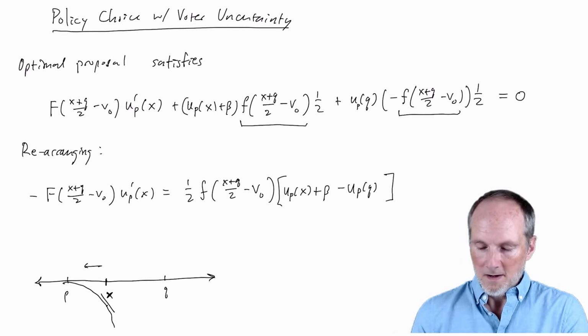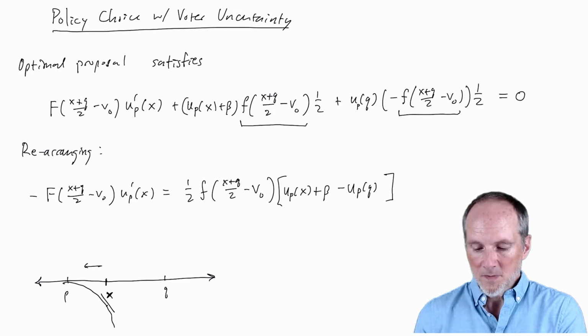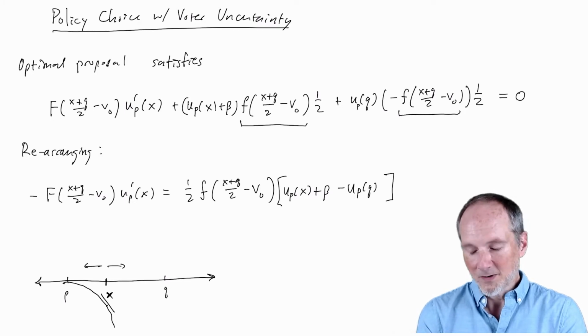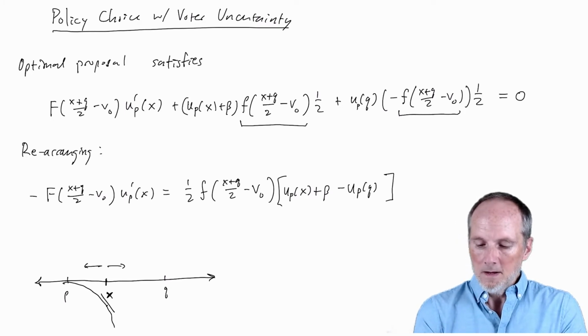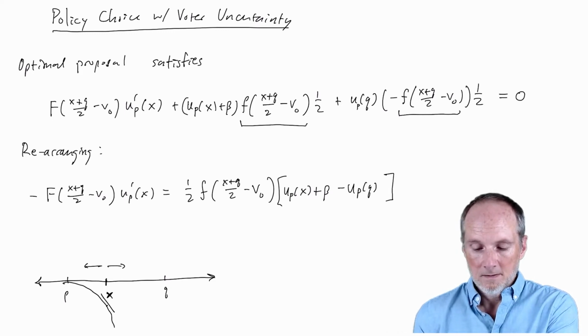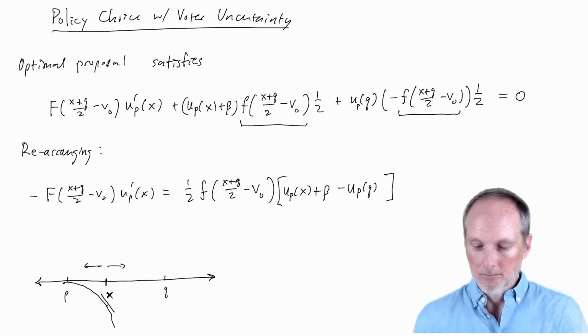Obviously, if they get the policy passed, they're going to have a better policy. The problem is that that decreases the probability that they're actually going to get it passed. Similarly, if you increase x, the proposal, that's going to increase the probability that the proposal passes, but it's going to leave you with a policy that's not as good in that event.